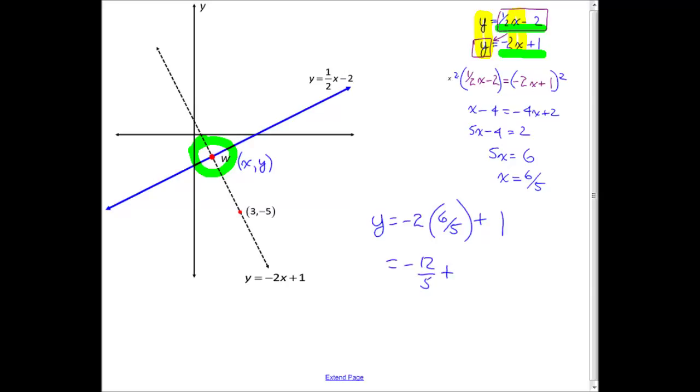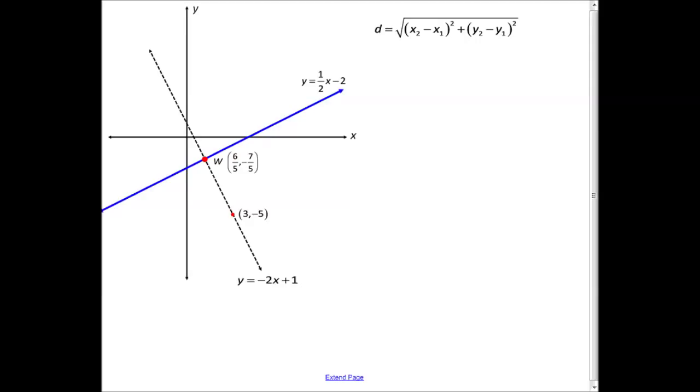Of course, I can write a 1 as 5/5. So I end up with y being equal to negative 7/5. So, updating my figure. Now I've got the intersection of the two lines detailed out as the point W being 6/5 comma negative 7/5.